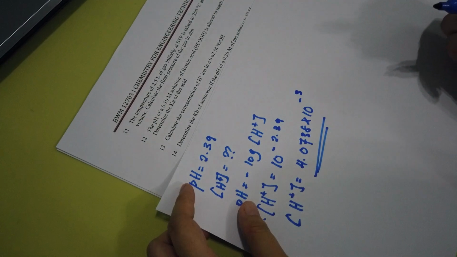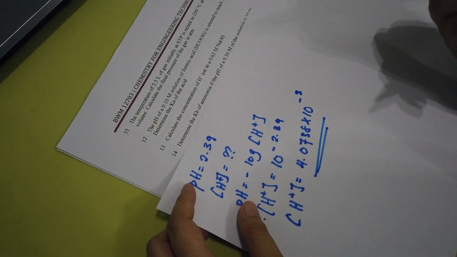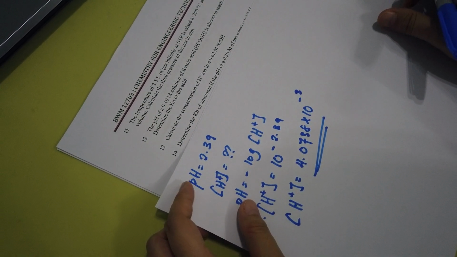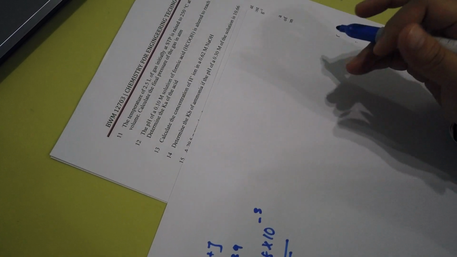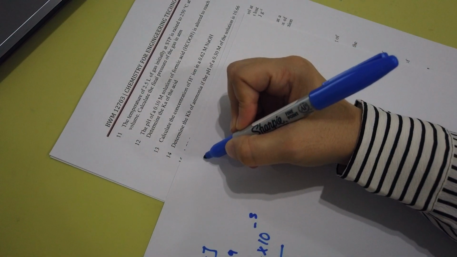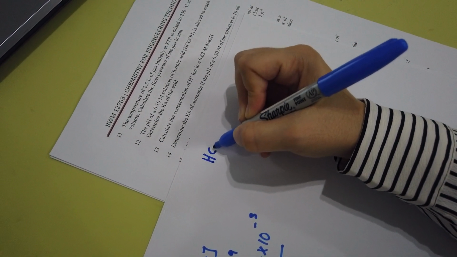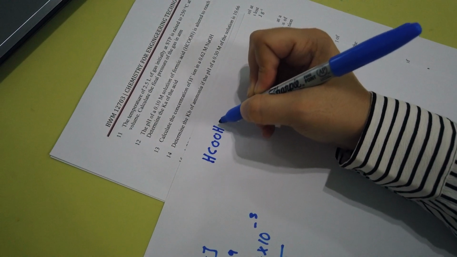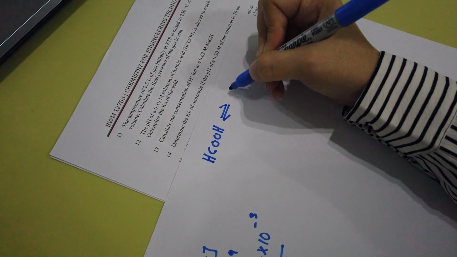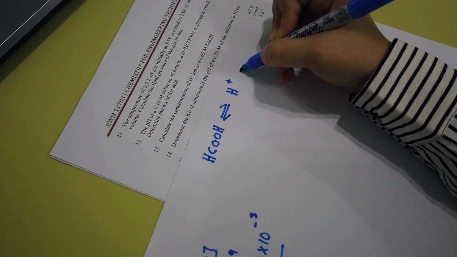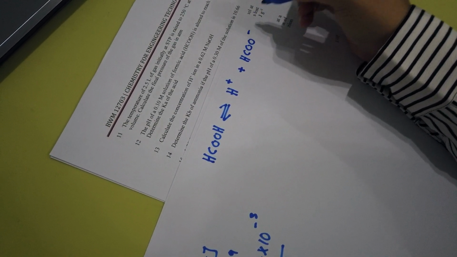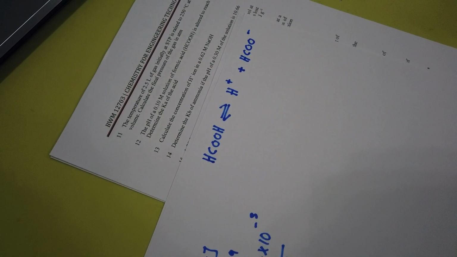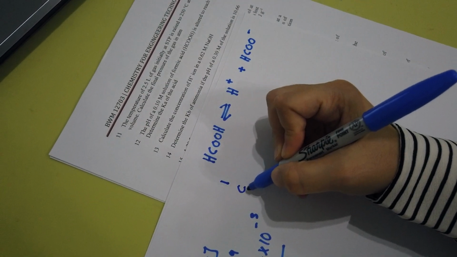When you want to calculate the Ka, the only thing you can do is make the ICE diagram. HCOOH will dissociate into H plus and HCOO minus. Then you do the ICE diagram.